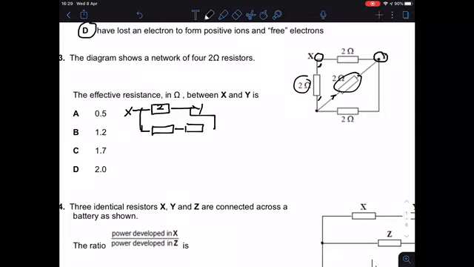So that is 2 ohms and that is 2 ohms, but we've still got this one here to deal with. Now if you notice, it's actually connected in parallel to this resistor here. Okay, so the second of the 2 like that, we can put in another 2 ohm resistor like that.